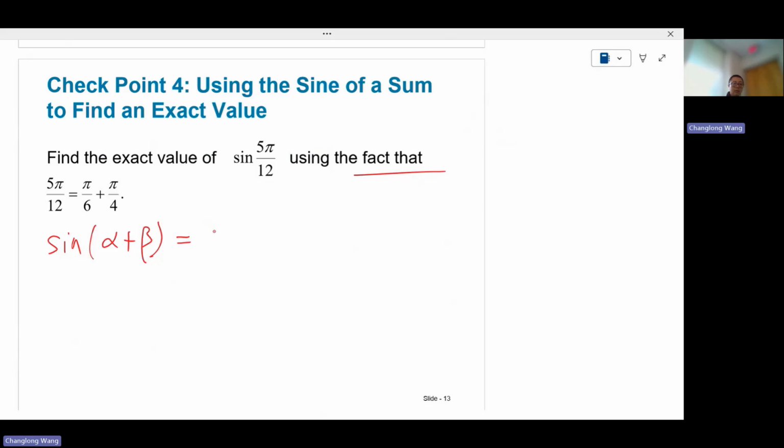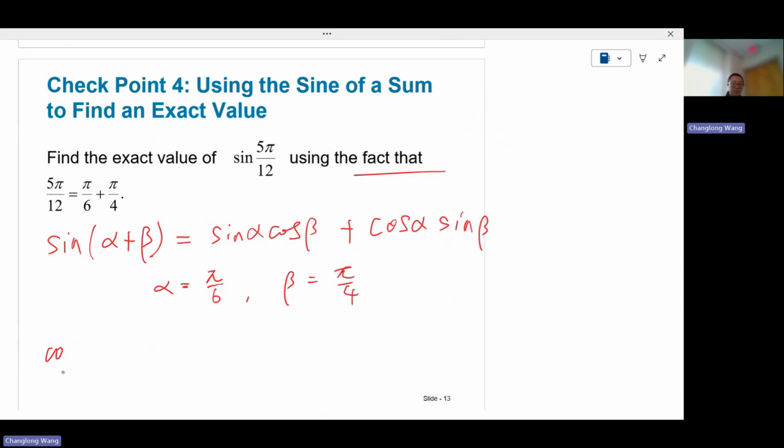Sine, that means it's going to be sine cosine, plus cosine sine. Oh no, the other way around, sorry. It's sine alpha cosine beta, plus cosine alpha sine beta. So here we're taking alpha to be pi over 6, beta is pi over 4.